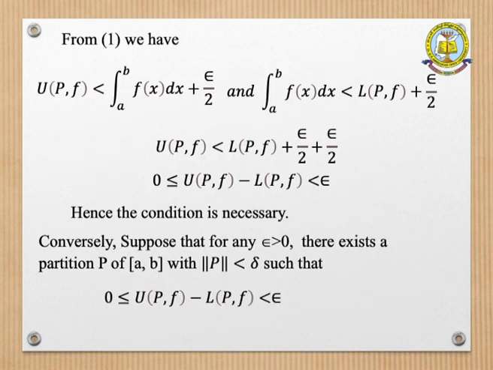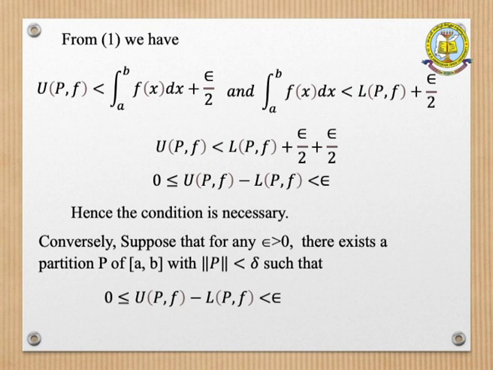So your UPF is less than the integral a to b f of x dx plus epsilon by 2, by our assumption that f is Riemann integrable, and the integral a to b f of x dx is less than LPF plus epsilon by 2. Combining both, you get UPF minus LPF is less than epsilon. That means, whenever the function f is Riemann integrable, we have UPF minus LPF is less than epsilon.